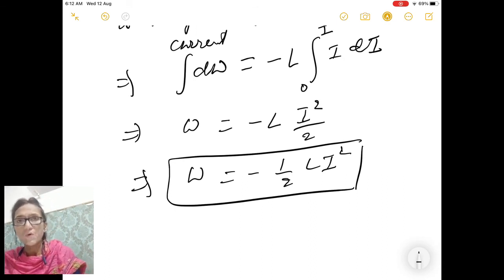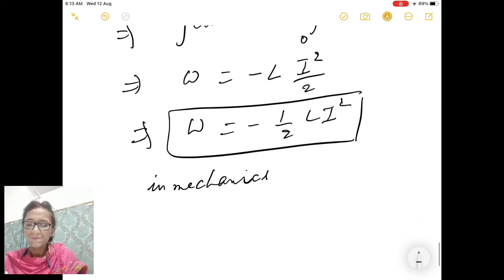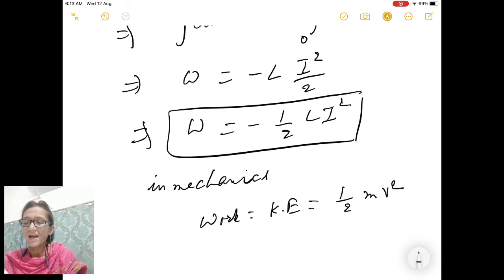This inductance opposes an increase or decrease of current. It is just opposing any change in current, as in mechanics, where mass opposes any change in the state of rest or state of motion. In mechanics, you know that work done or kinetic energy is equal to half mv².